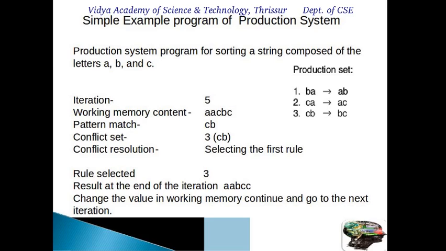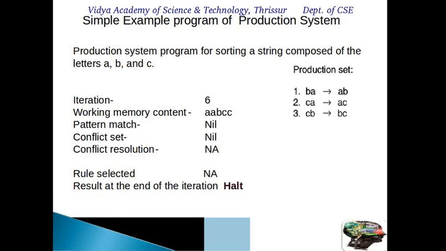That rule will rewrite CB as BC in the word, so you will get AABCC. That will be written in the working memory. So the description in the working memory is again changed, and after the firing of rule 3 it will go to the next iteration.